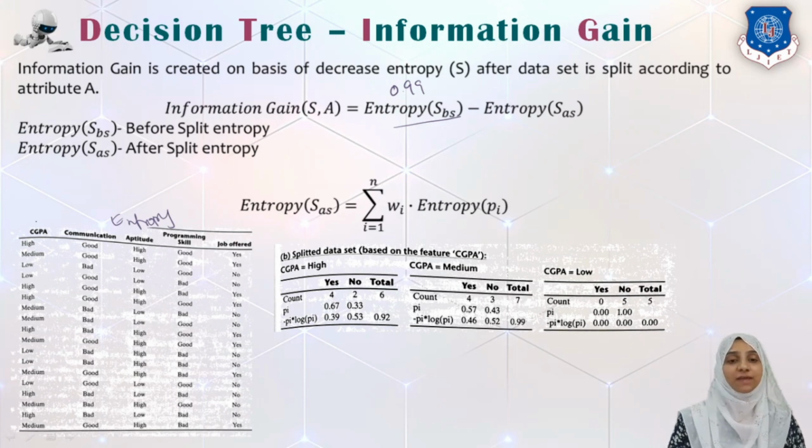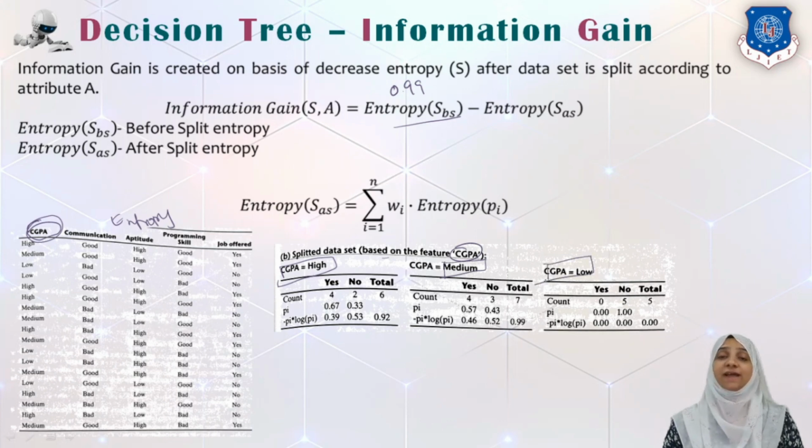Now we will first consider if I split my data set based upon CGPA. Based upon the feature CGPA, we can split the data set into three different partitions. The first partition can have CGPA value high, the second medium, and the third low.